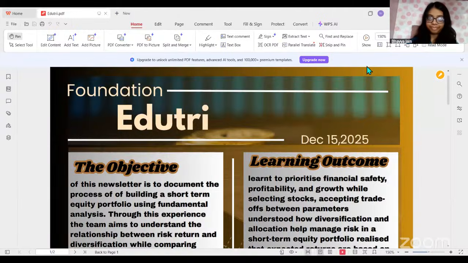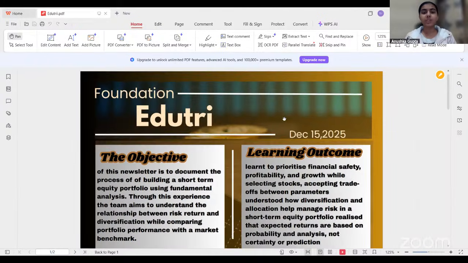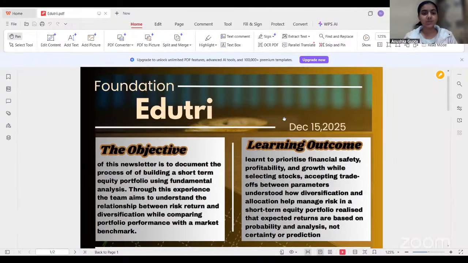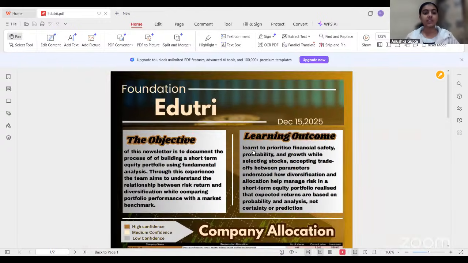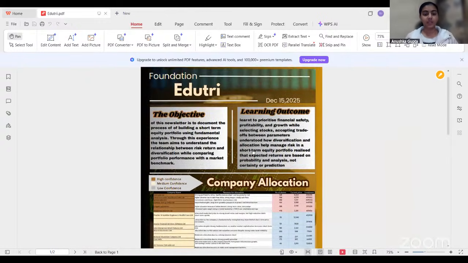Anushka, please start. Greetings everyone. I am Anushka Gupta. I'm one of the team leaders, and today I'm here along with my team to showcase the recent group task which was given to us, in which we had to create a newsletter and the portfolios of a company and compare them on the basis of the key ratios we have learned till now, be it the price to book, price to earning, market to sales, ROCE, ROE, the sales of the company, and their net profit.